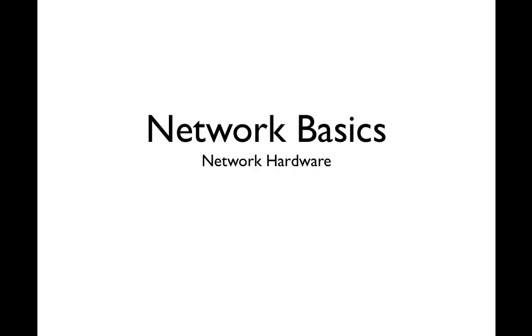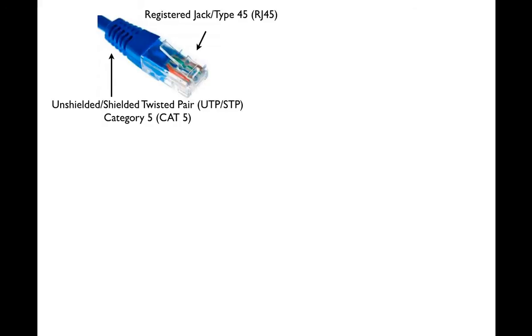As we apply that basic concept toward hardware, we'd like to see that the first device here, which is a cable, and a connector on the top of it would have a name for us. That's actually a Category 5 cable, which can be unshielded or shielded twisted pair.